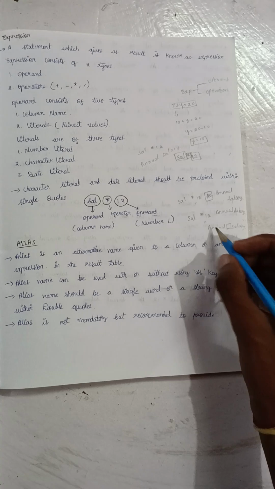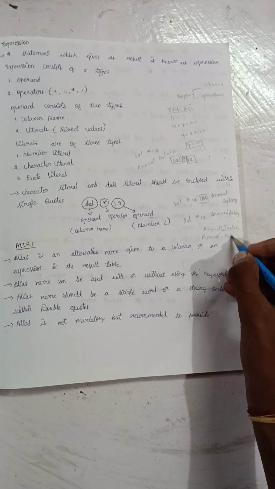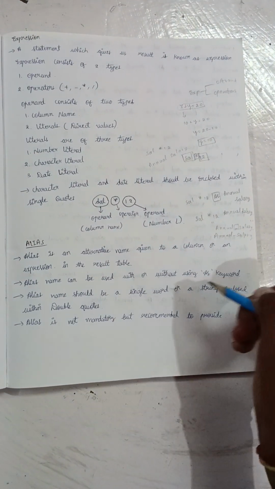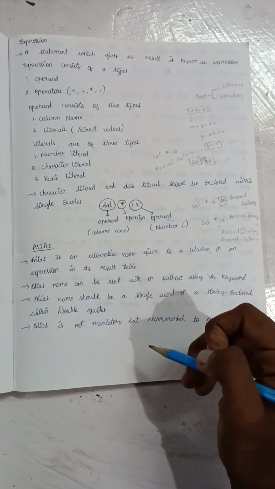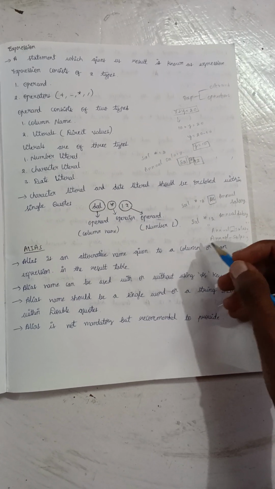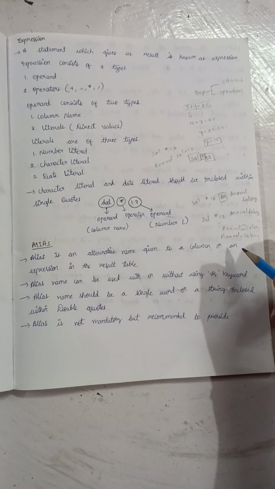Otherwise we can just use annual underscore salary as a column name. Alias is not mandatory but recommended, for our convenience.